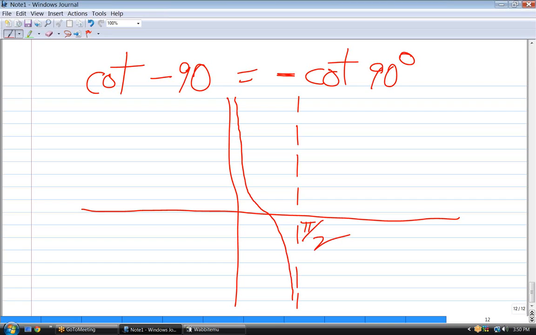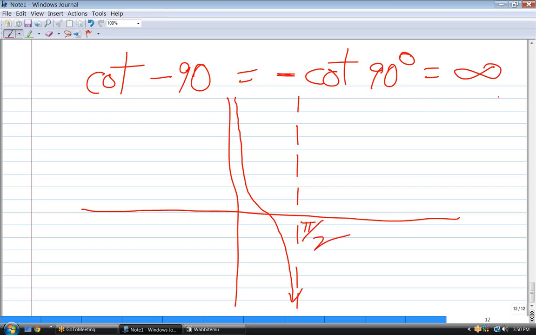So what would the cotangent of 90 degrees be? Negative infinity. Oh, negative. Yeah. Right? In other words, it's headed towards infinity as it gets closer and closer to 90 degrees. So this is negative infinity. Negative of negative infinity is positive infinity.